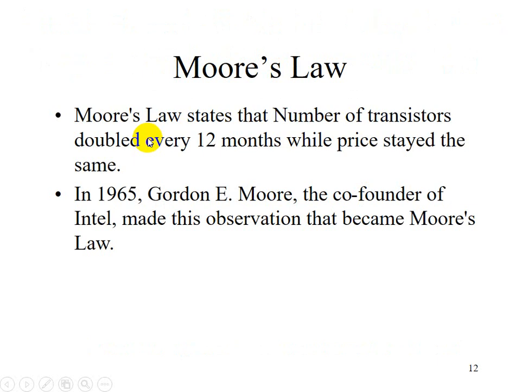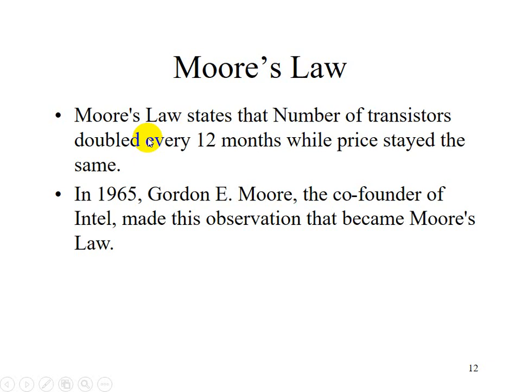Now we'll discuss a term called Moore's law. During the 1960s, the IC industry developed rapidly. In 1964, Gordon Moore, a co-founder of Intel Corporation, noticed that the number of components on a computer chip would double every 12 months, while the price stayed the same.